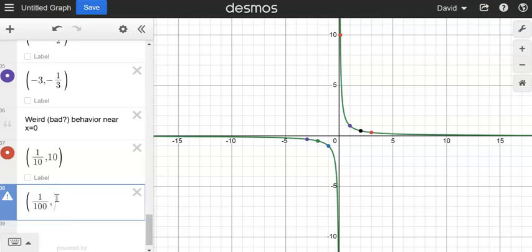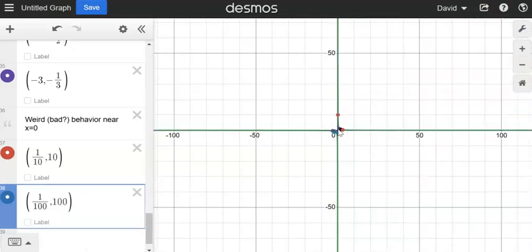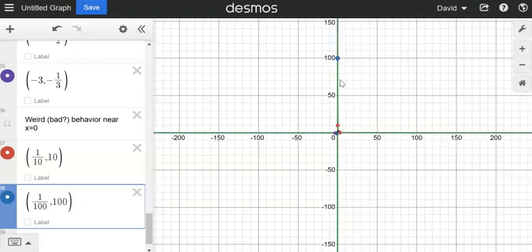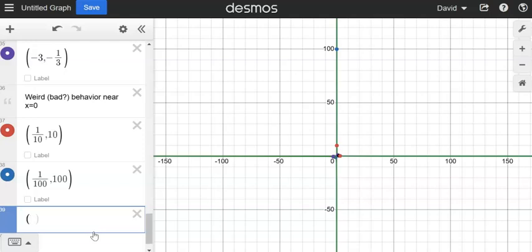That wouldn't have been weird at all for squaring and cubing. I just get a nice small number. But 1 over 1/100th gives me 100. These values are blowing up. I have to zoom way out to even get that on the graph. Okay, they're blowing up. And if I just get closer and closer to 0, let's see. Well, yeah, let's see. What is that?